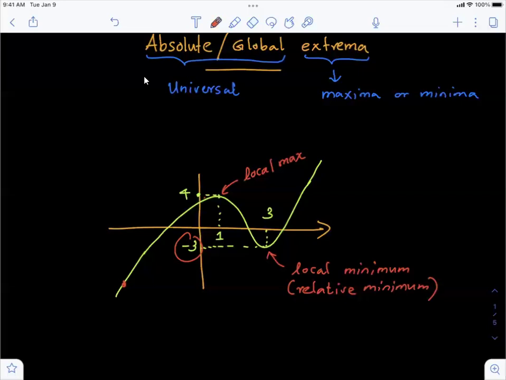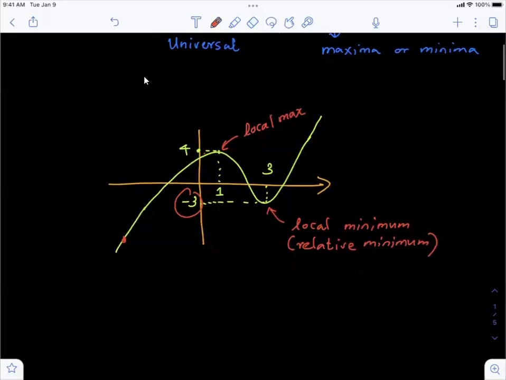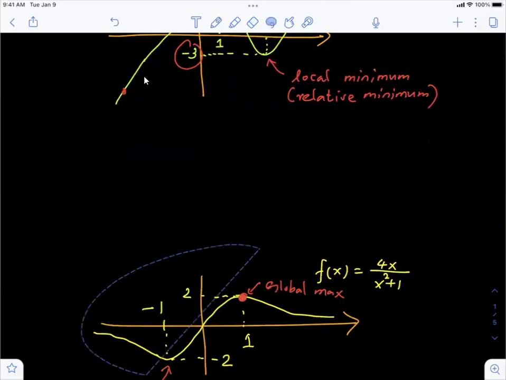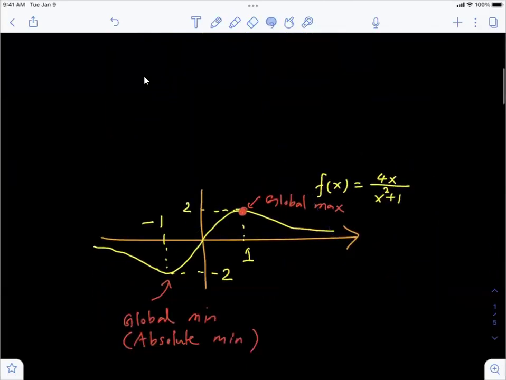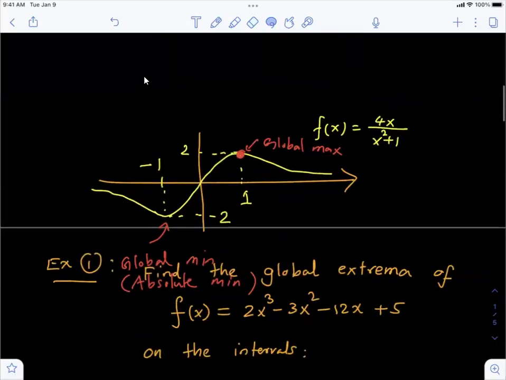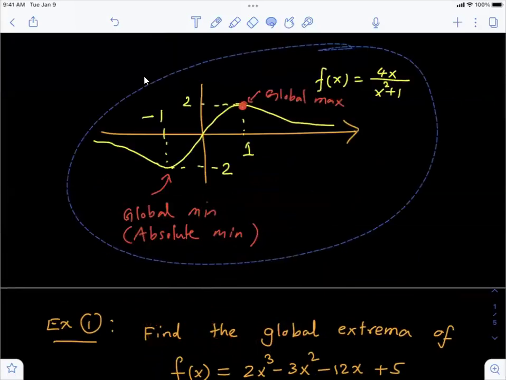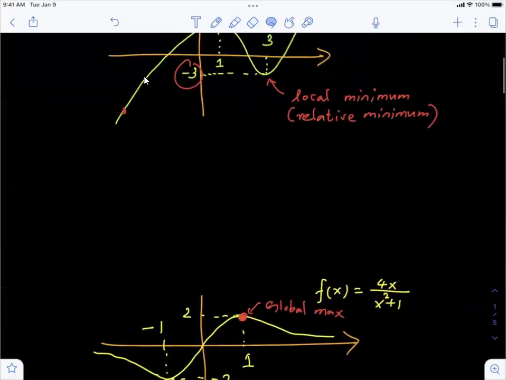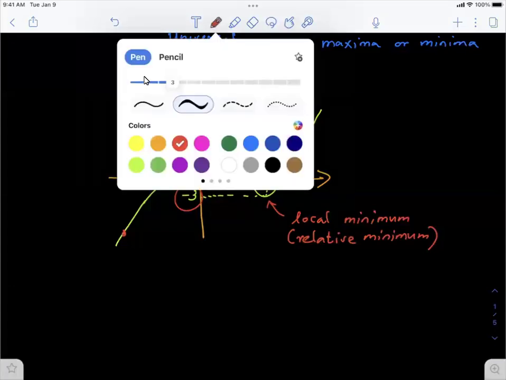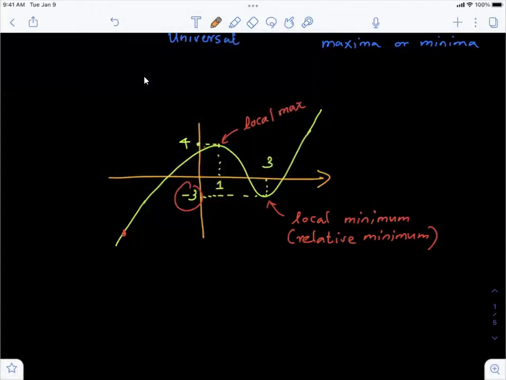Let's have a variant of this entire problem. Look at this kind of scenario.